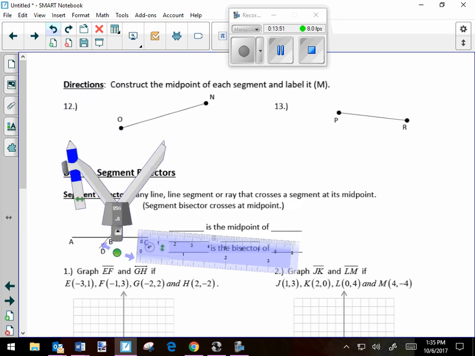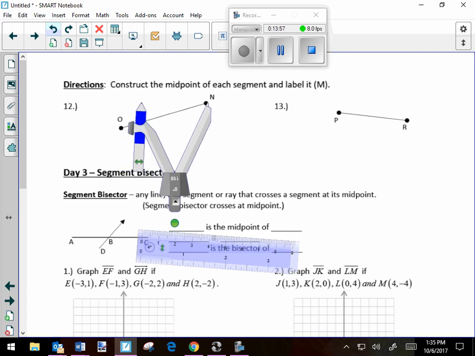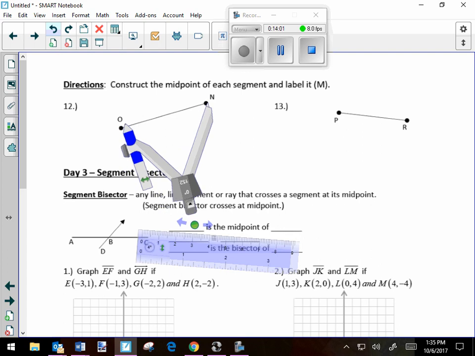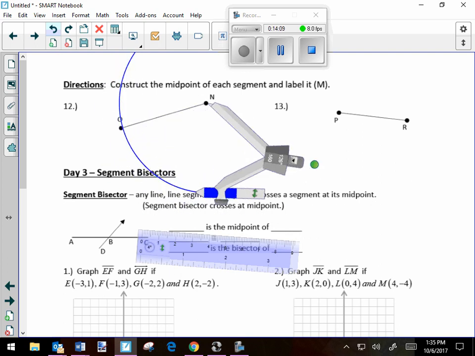I'm going to do it upside down because I'm running out of room up there at the top. So I'm going to put my compass like this. I'm going to move my compass so that the pencil is lined up with the other point. And I am going to make an arc.